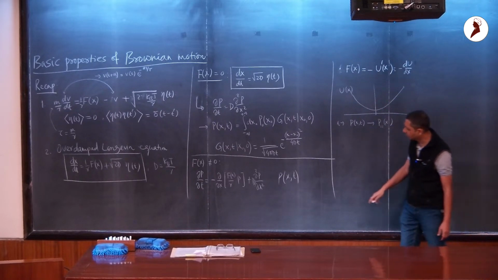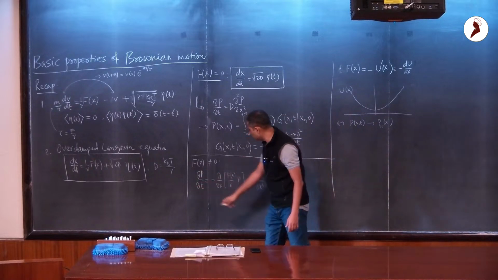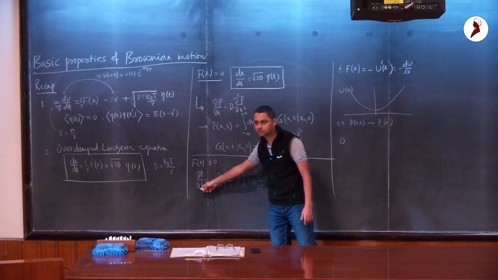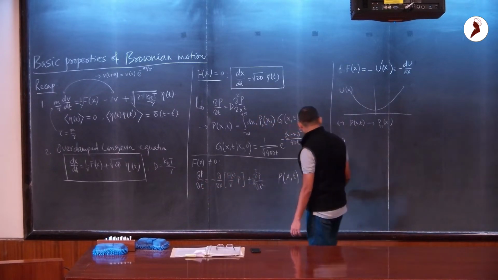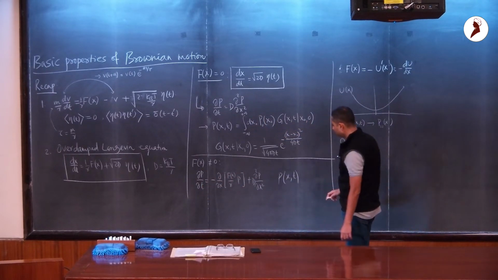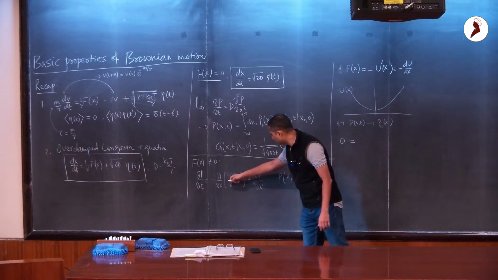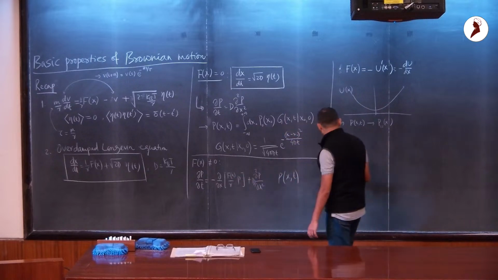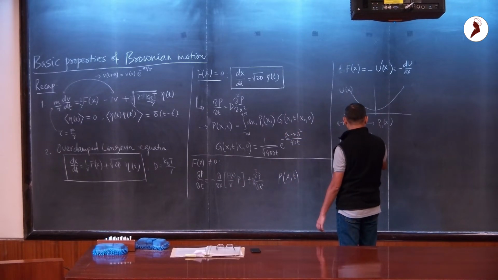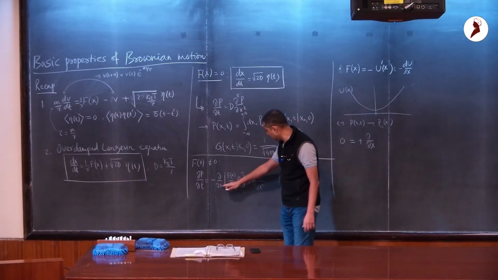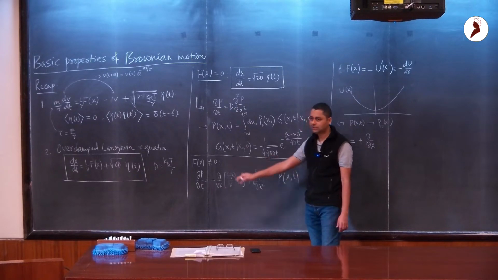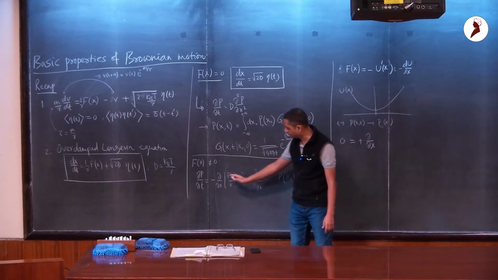So how do you find out? Since it is only a function of x, the left hand side is going to be 0, and on the right hand side, I'm going to put minus u prime x, so minus minus is plus. Now there is a del del x acting on that, and there are two derivatives, so I can just take one derivative out of the full thing.